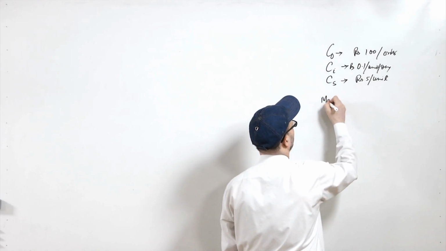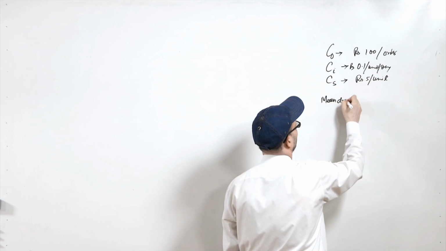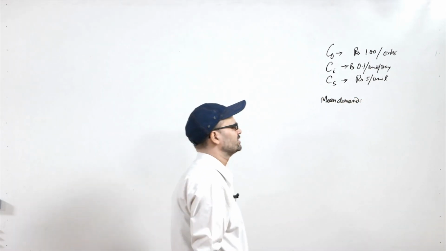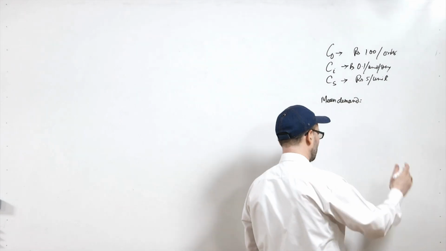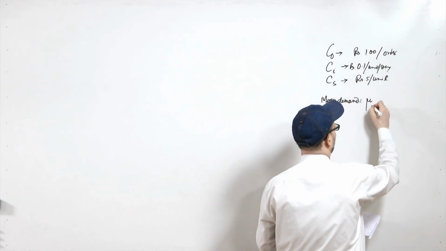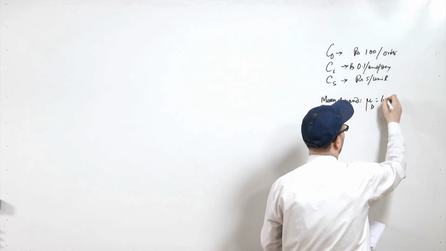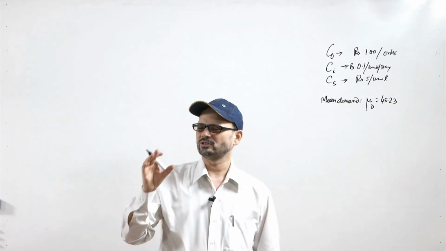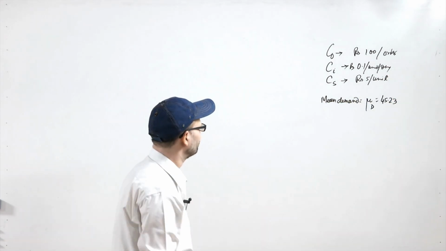For the mean demand calculation, we add all the demand values for the 100 days, and we get mu d. Out of these demand values, the mean demand comes out to be 45.23.